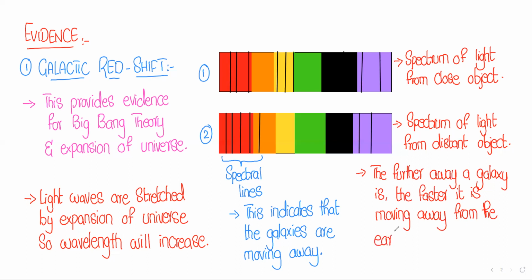So it means the greater the distance, the greater will be the speed of that galaxy moving away from the Earth, right? So this is another evidence from this galactic redshift for the Big Bang theory.